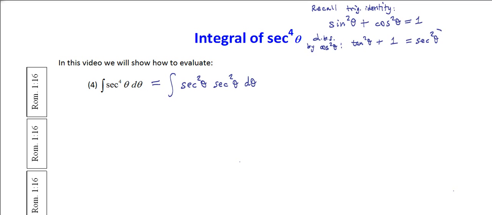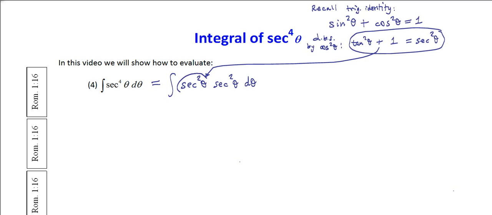And now we know that secant squared theta is the stuff on the left. So if I make that substitution, then I get that this is equal to the integral of tangent squared theta plus 1 times secant squared theta d theta.